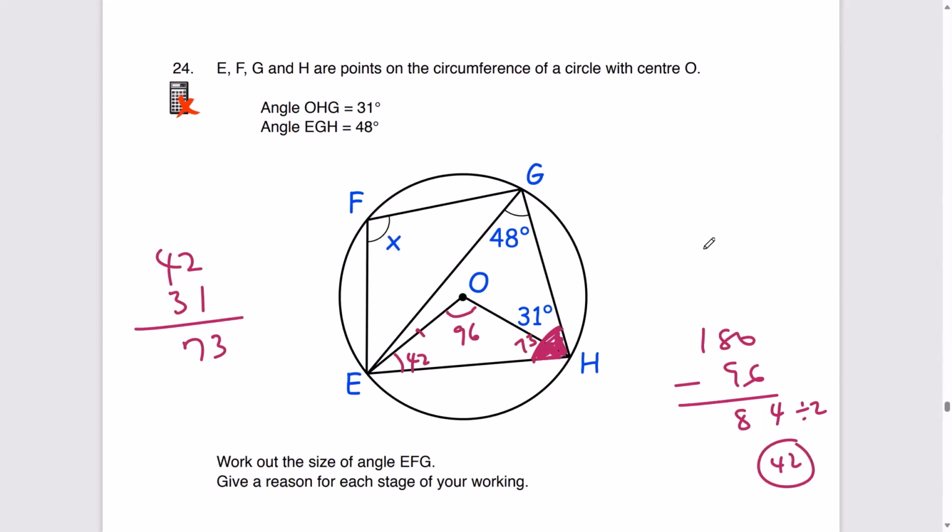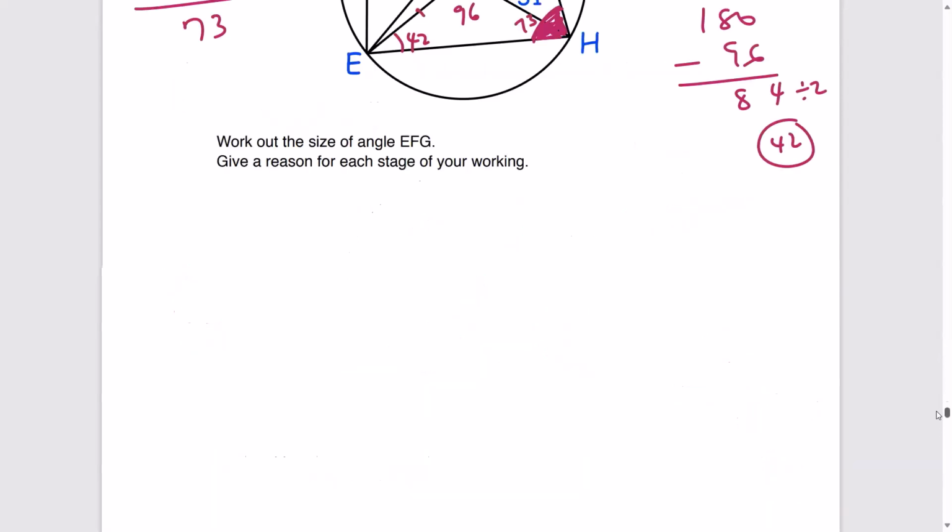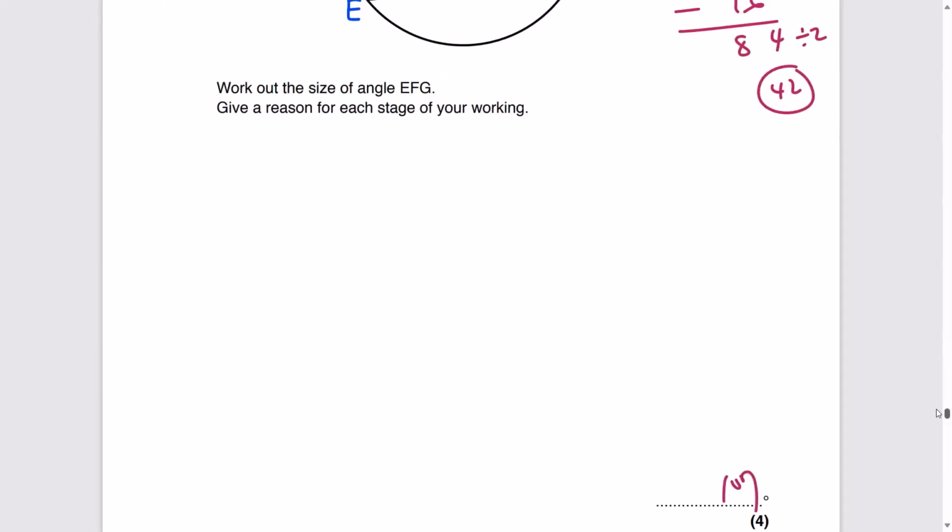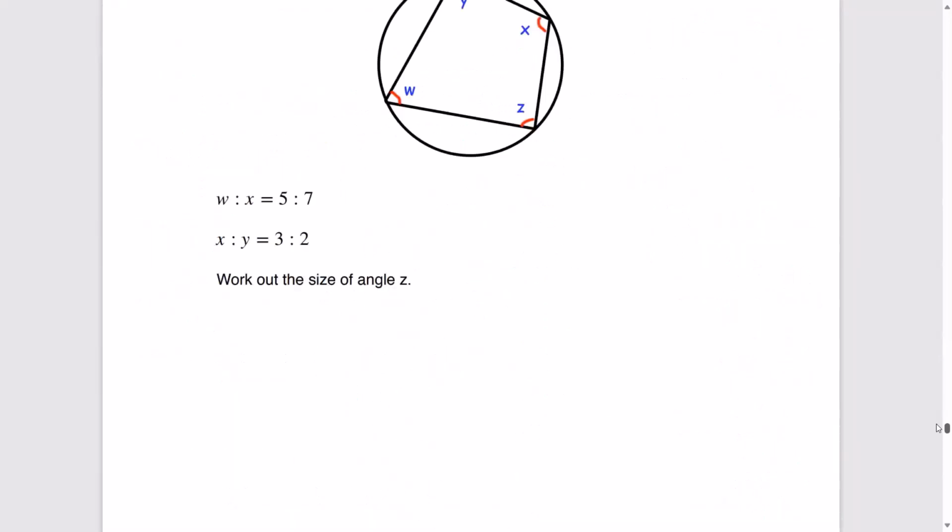So angle S will be 180 minus 73, which will be 107. So angle EFG is 107. What did you guys answer? I got 107. Good.